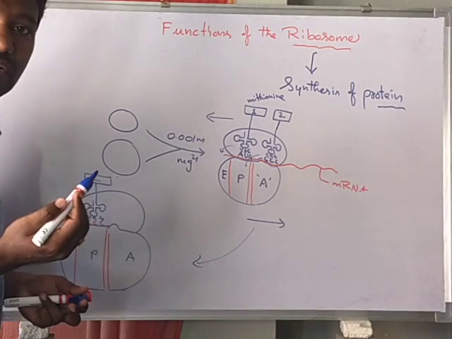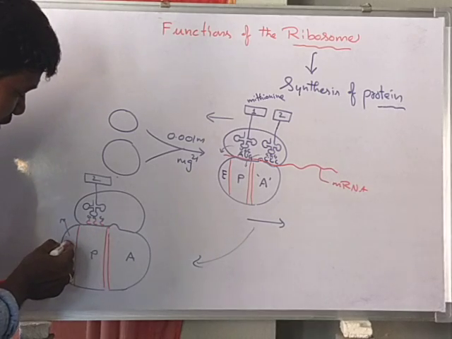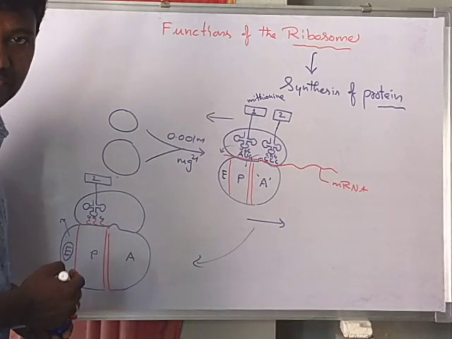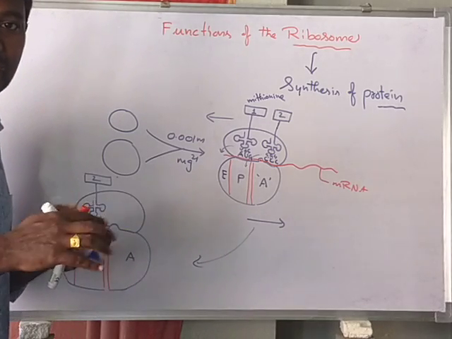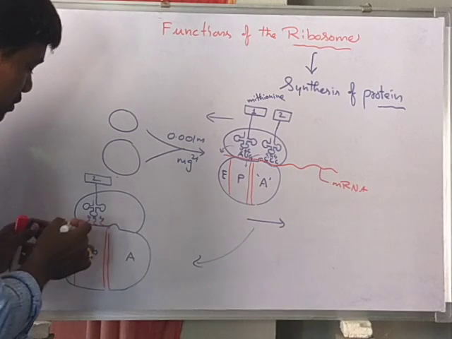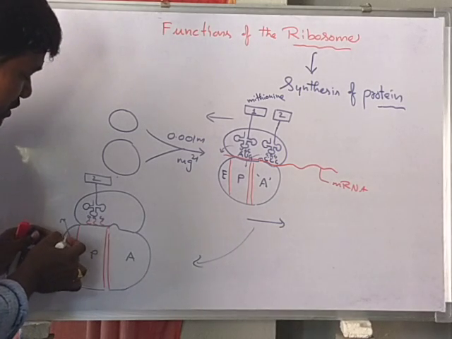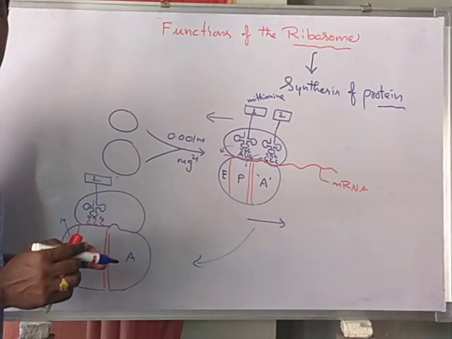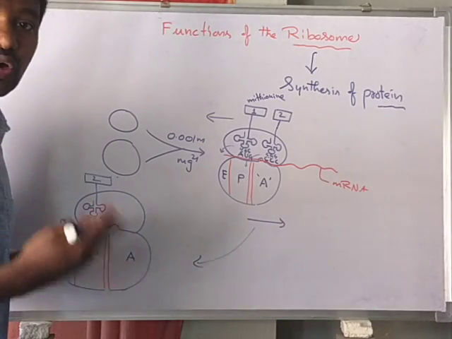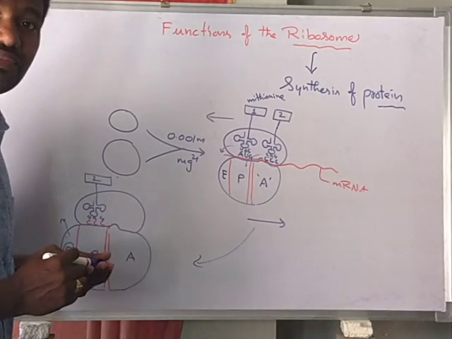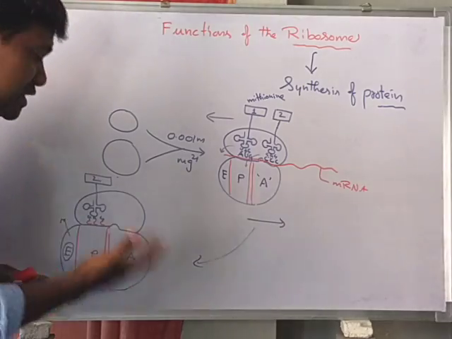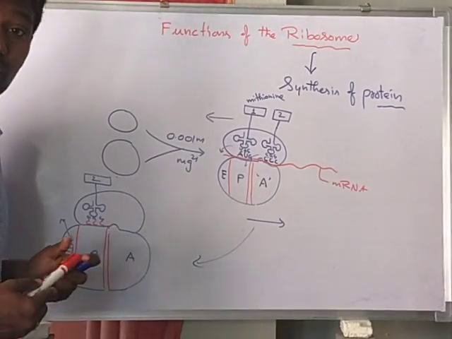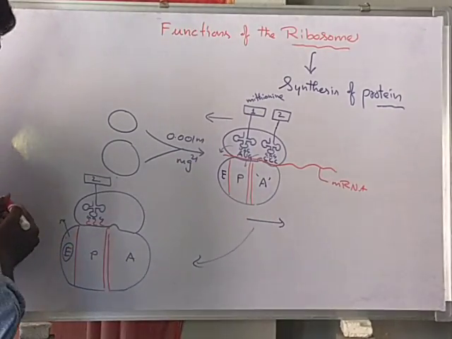E means empty site, that is, the tRNA is not present at that site. The first tRNA moves into the E site and is removed, because it has already done its job. It already produced the first amino acid, so that's why it will be removed from the ribosome.